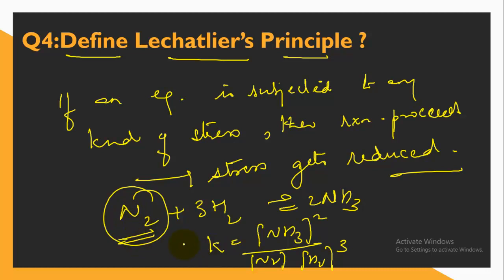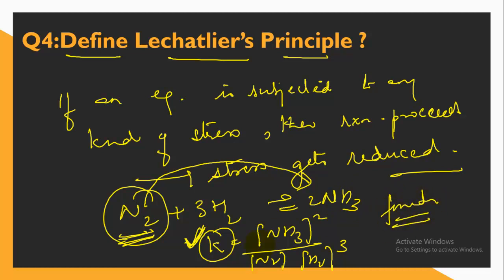But in order to keep the K constant, what happens? The reaction will be favored in the forward direction, that is in a direction in which the N2 gets consumed. So in the forward direction it is getting consumed and converted into ammonia. So in this case the forward reaction will be favored in order to keep this K value constant.